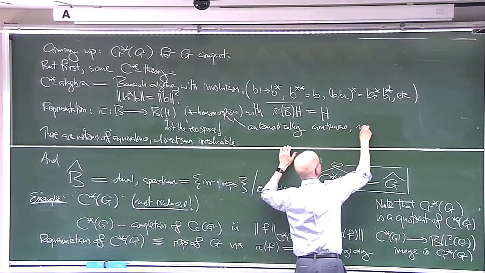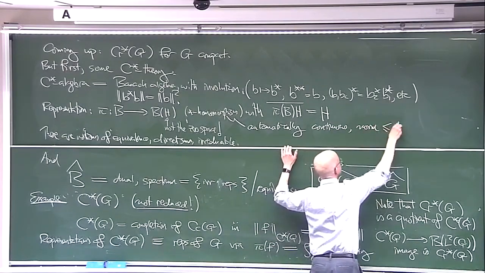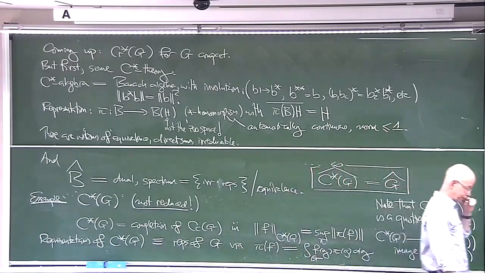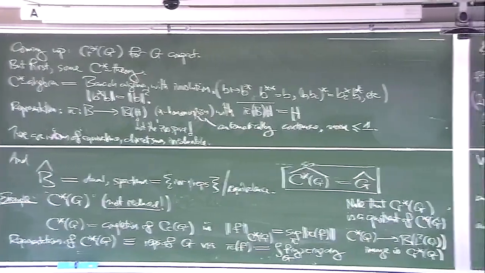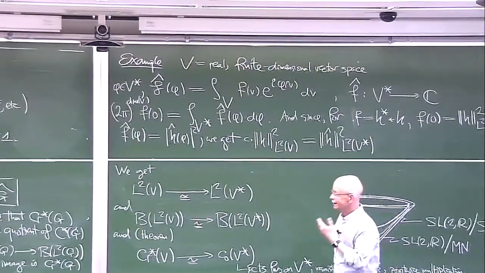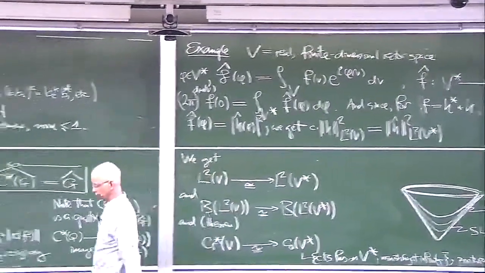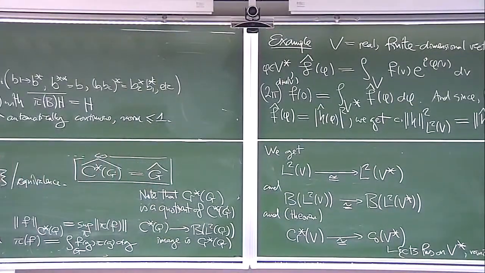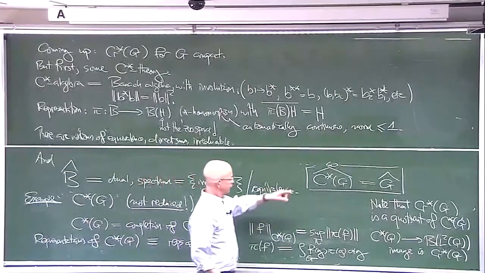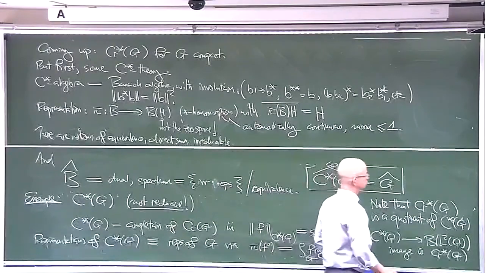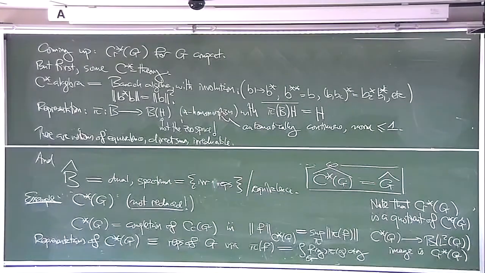In fact, they are bounded homomorphisms between Banach spaces. That's a fact about C star algebras. The quotient map, let's just put this.